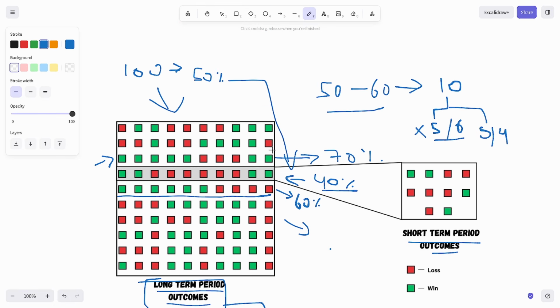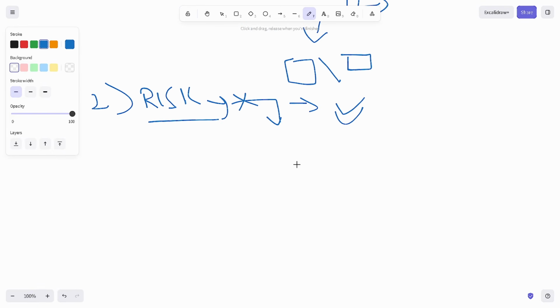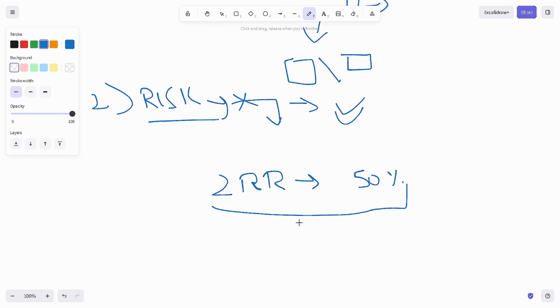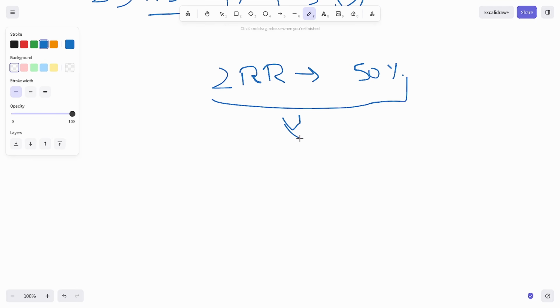Let's suppose you are a 50% to 60% win rate trader like me, who has 2 RR average. For me, I guess 2 to 2.5 RR, with a 50% win rate. So on average, if I take my next 10 trades, I lose 5 trades and I win 5.